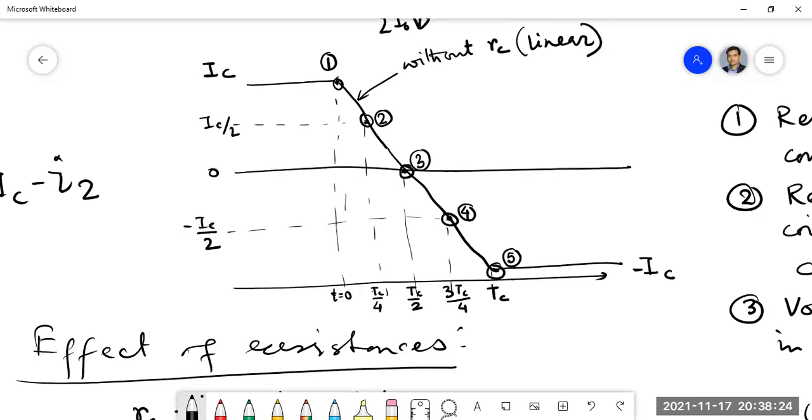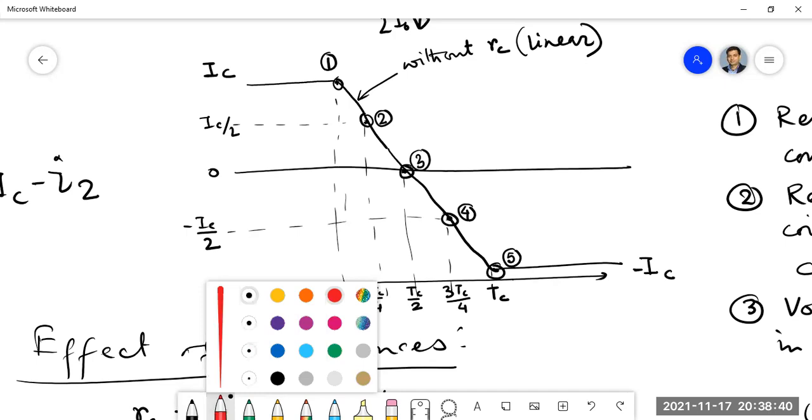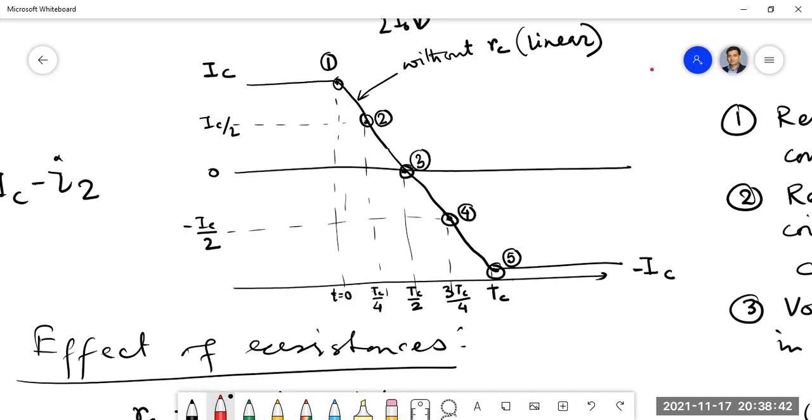Got my point? But if I consider coil resistance RC, what type of profile should I get? Which points will change? Let me know. Tell me, what will happen? Points 2 and 4. Will point 2 come down or go upward? Less positive.